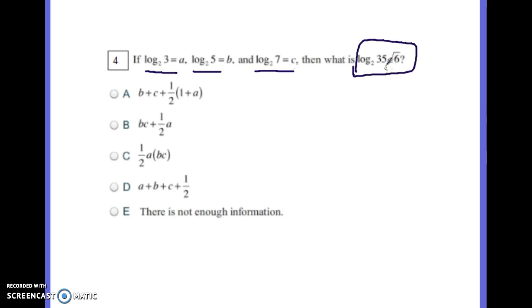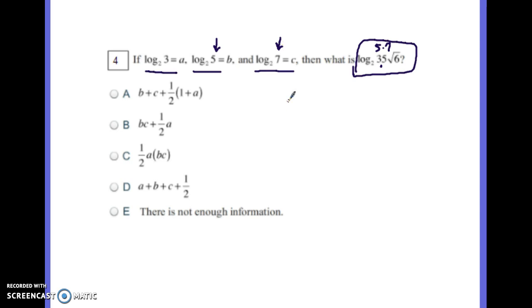I know that I've got 35 right here, and I can rewrite 35 as 5 times 7, because I see I have log base 2 of 5 and log base 2 of 7. If you remember, you can expand logarithms. If you're taking the log of a product, you can expand that product using addition.